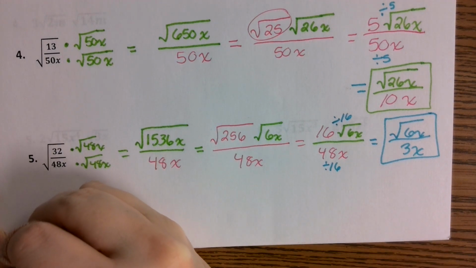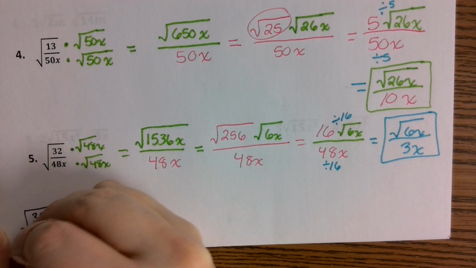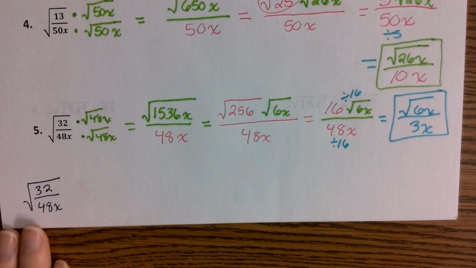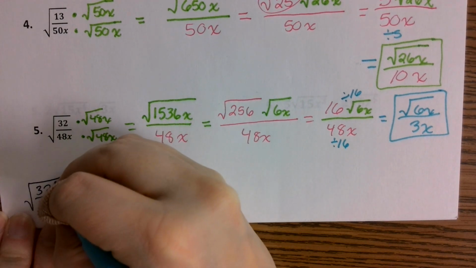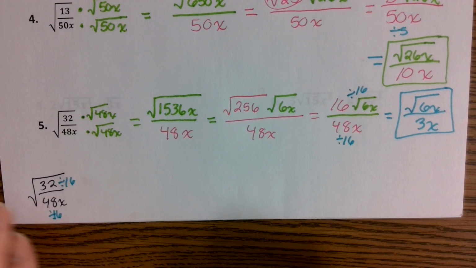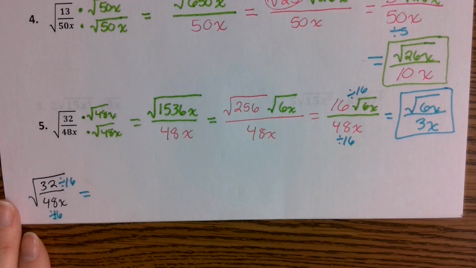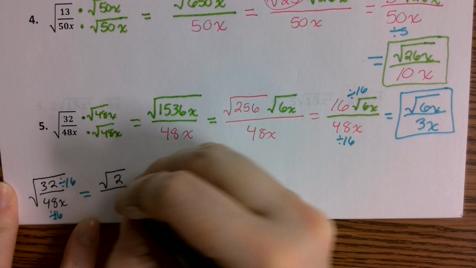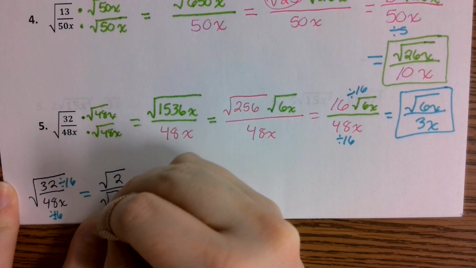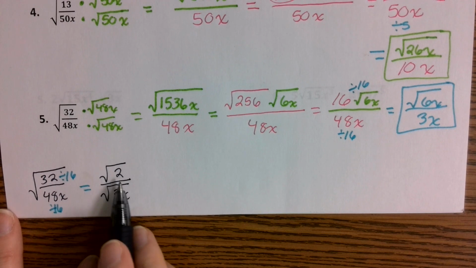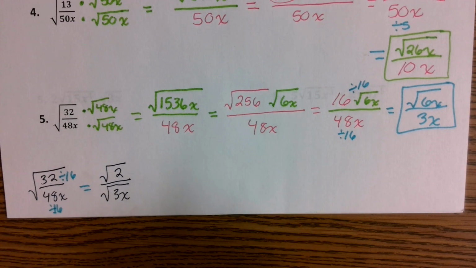But in the square root of 32 over 48x, the 32 and the 48 are both divisible by 16. If I divide both of them by 16, then I'm dealing with smaller numbers. Once I divide them, I'm going to get square root of 2 on the top, and square root of 3x on the bottom. That's a lot nicer, a lot easier to handle.